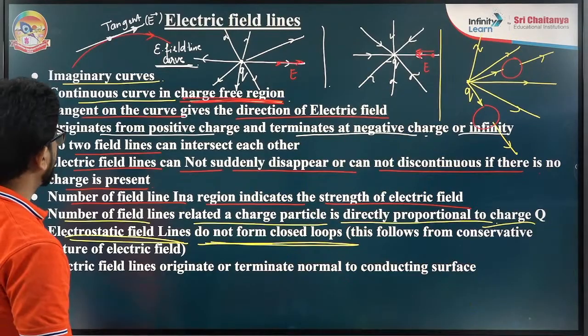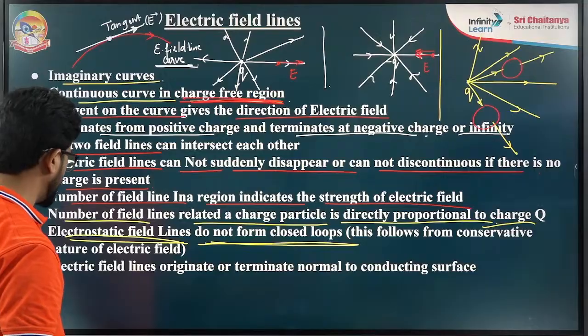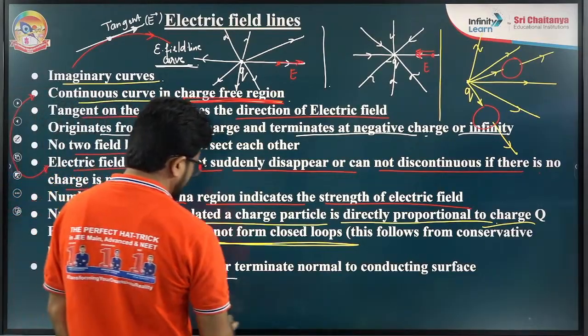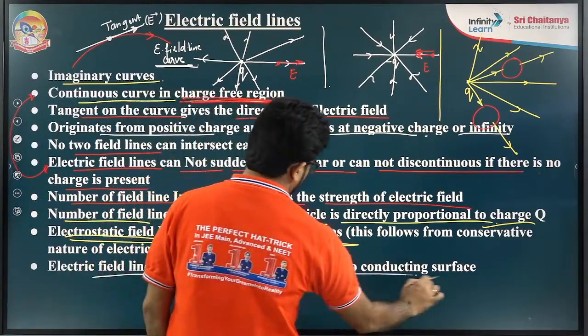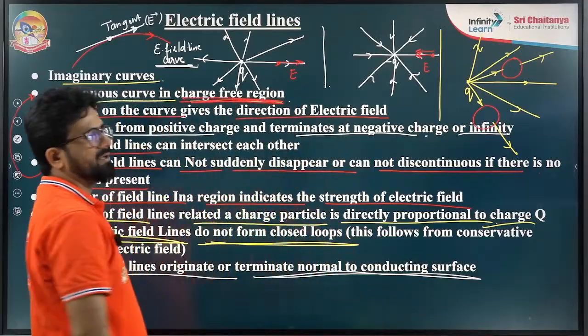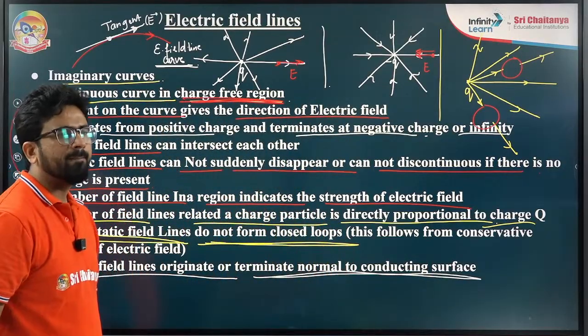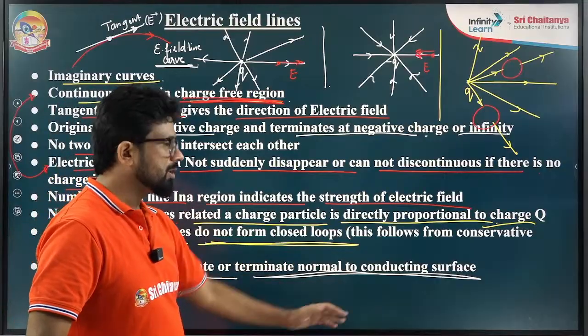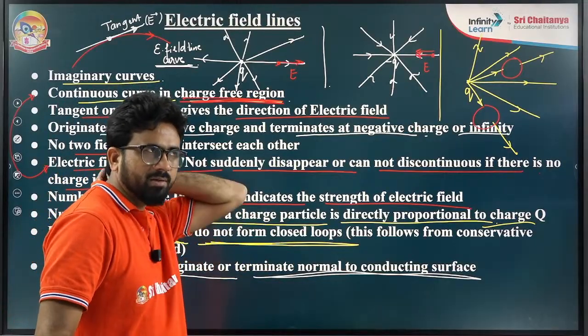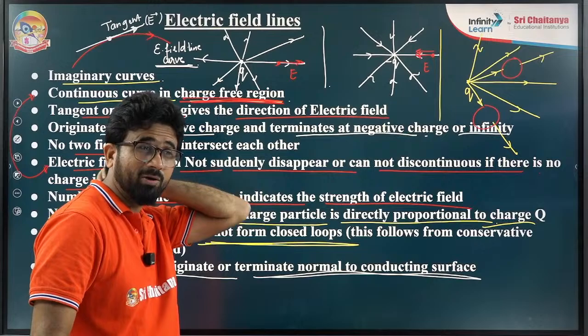Now, come to the next point. What is given to you? Field lines originate or terminate normal to the conducting surface. I will talk in detail in tomorrow's class, because tomorrow's class would be only on conductors.